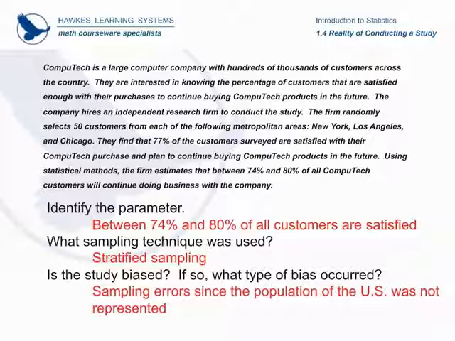To avoid sampling errors, we should have also chosen some smaller cities, such as perhaps Cleveland, Ohio, perhaps Boca Raton, Florida, perhaps Duluth, Minnesota. That way we don't have just the large metropolitan areas, but we also have some of the small rural or Midwest or Eastern cities that also buy Computech products.